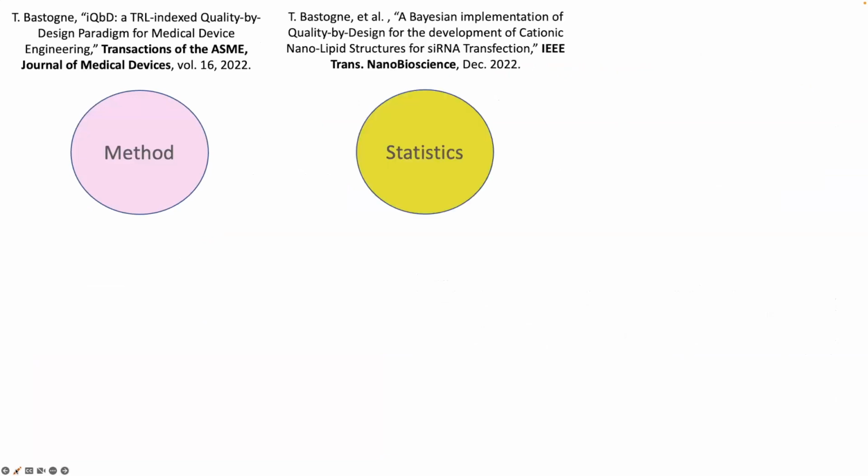Now, what we have developed: the first objective was to address the 3 limitations I presented just before. So we have worked a lot on improving the methodology associated with QbD. A second component was to improve and develop new statistical tools better suited to the implementation of QbD.